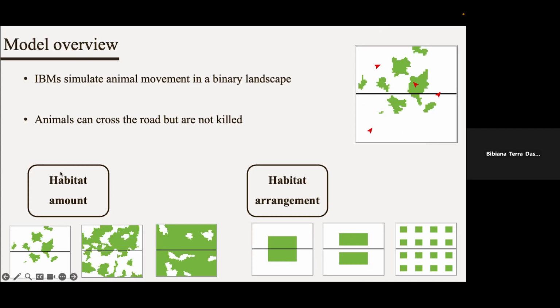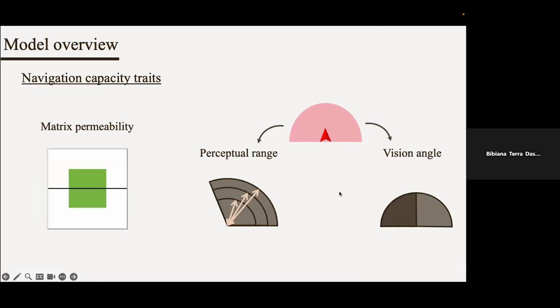One considered habitat amount, and the other had the same habitat amount but considered the habitat arrangement. To simulate the individual movement, we considered the matrix permeability, how easy it is for individuals to move in the matrix, and two traits of vision: the perceptual range, how far the individual can perceive the landscape, and the vision angle, how wide they can see.